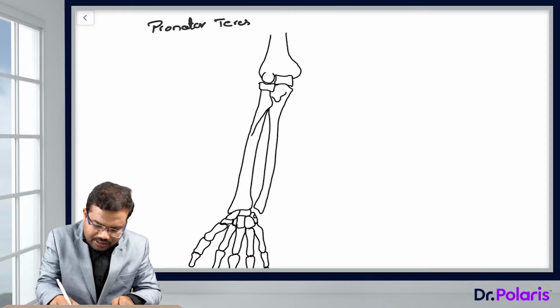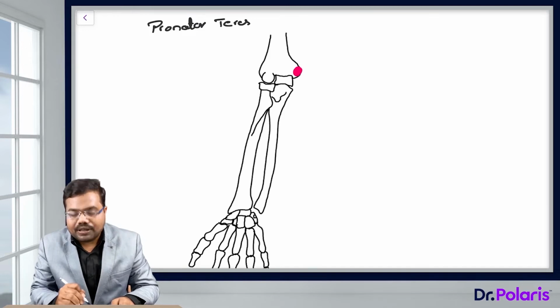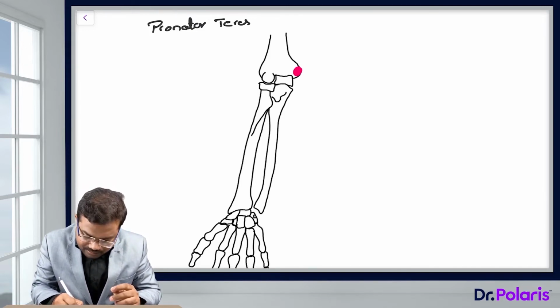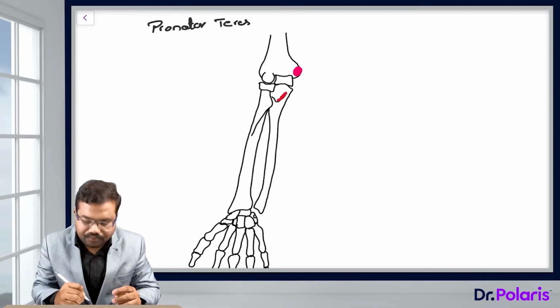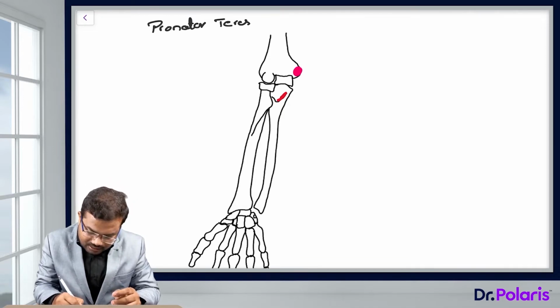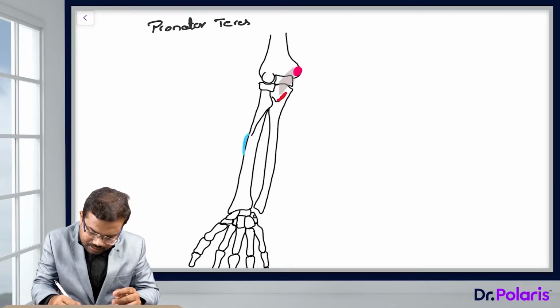So first one we will be discussing is Pronator Teres. Where will be the origin? It will be the medial epicondyle of the humerus, and a part of the slip will originate from the coronoid process also. From there, the muscle goes and inserts over the lateral convexity of the radius.